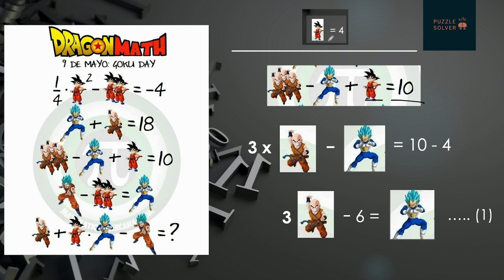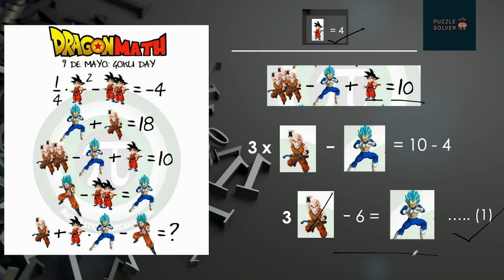And we know the value of Gohan is equal to 4. Putting that here in this equation, the equation will become 3 Krillin minus 6 is equal to Vegeta. Now we don't have the value of Krillin and we don't have the value of Vegeta. So we will leave this equation as it is and we'll consider this as our equation 1.